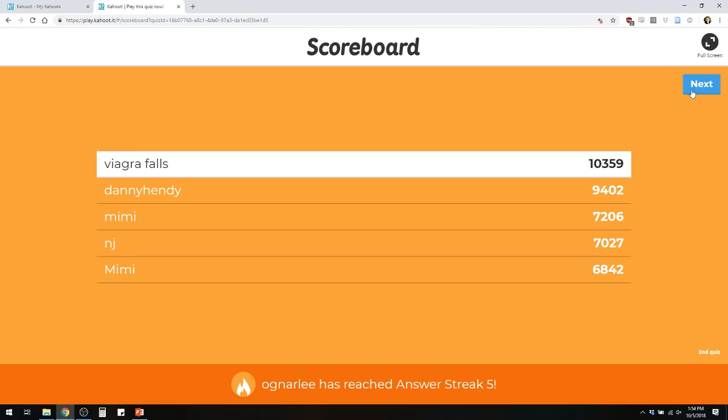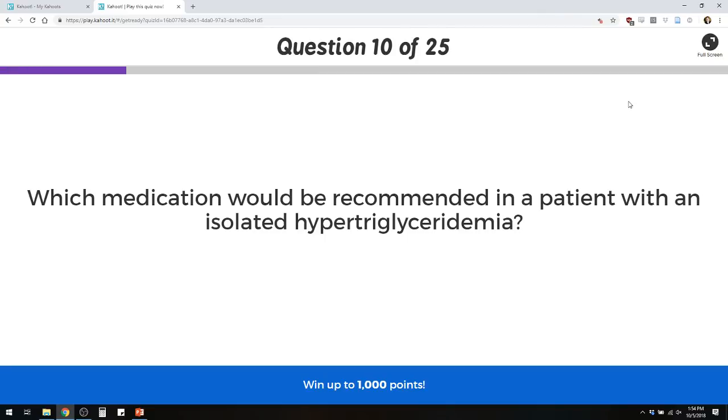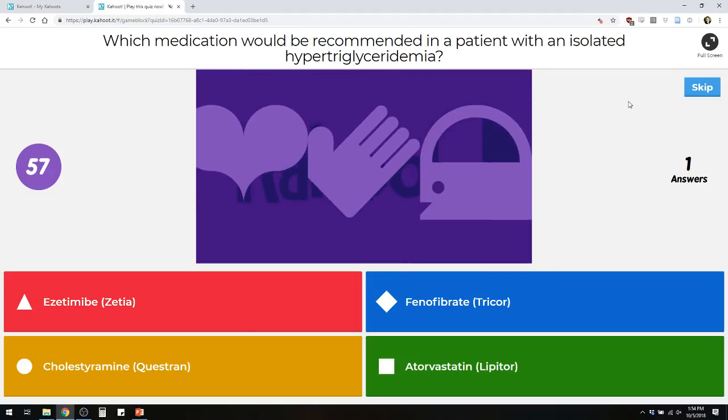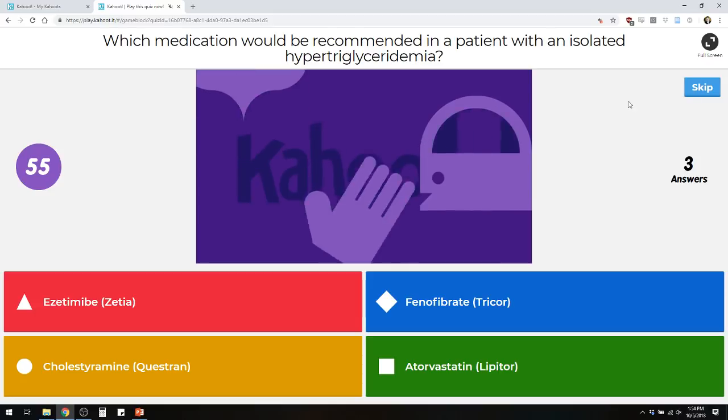All right. Which medication would be recommended in a patient with isolated hypertriglyceridemia? We have ezetimibe, fenofibrate, cholestyramine, or atorvastatin.